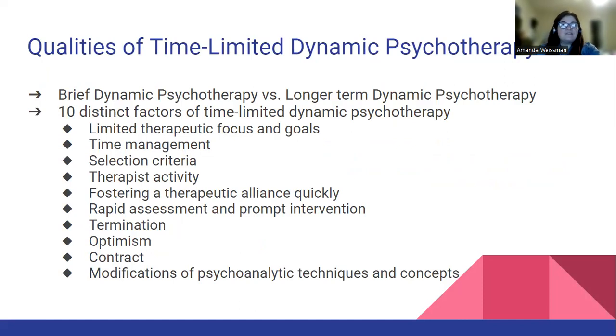The 10 distinct factors of time-limited dynamic psychotherapy that are not necessarily found in longer-term dynamic psychotherapy are limited therapeutic focus and goals, time management of the sessions, selection criteria of clients, the therapist activity within the therapeutic process, the importance of fostering a therapeutic alliance quickly, which, as we've learned, is a common need of all brief therapy modalities, rapid assessment and prompt intervention, termination, optimism, as brief therapy really requires a glass-half-full kind of mentality, contracts between the therapist and client of the scope and length of treatment, and modifications of psychoanalytic techniques and concepts.